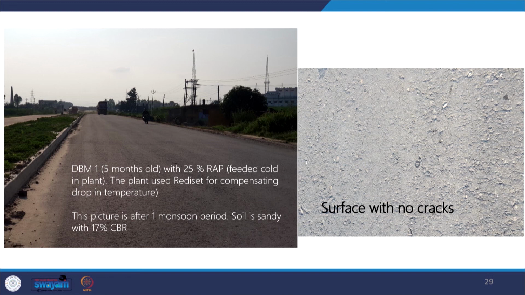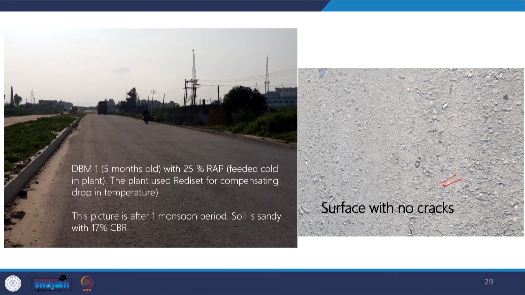And this picture was taken after one monsoon period, and I visited this site and we observed no distresses in the field, and you can see that this is a typical surface, a picture which I took with no surface cracks, and we are waiting to see how this particular section will perform in the future when it is further overlaid with a wearing course.